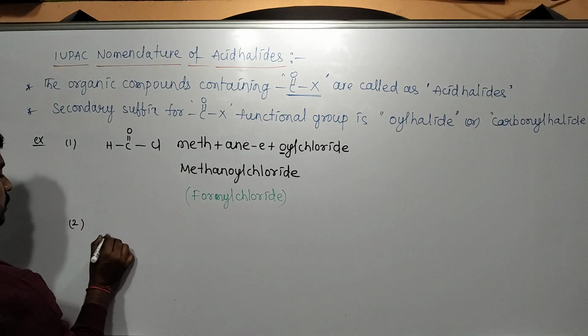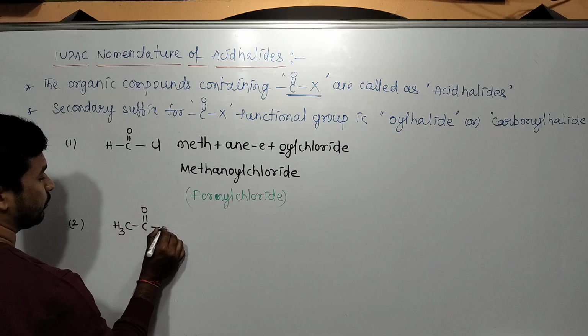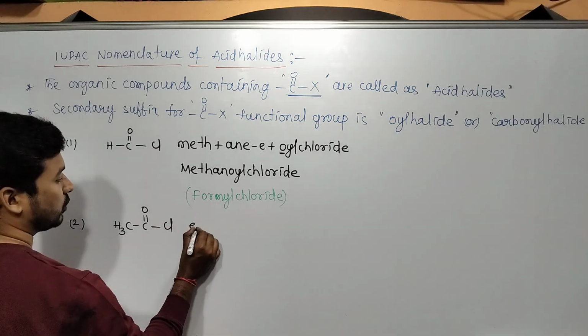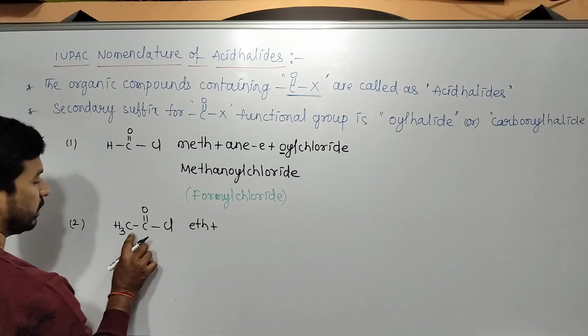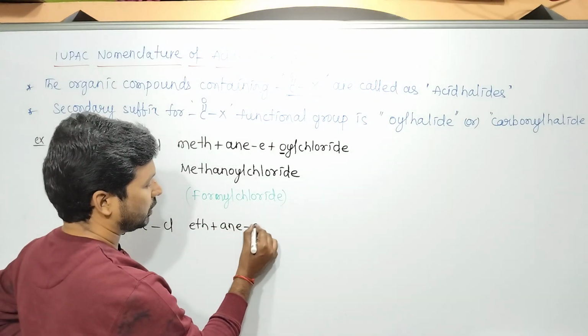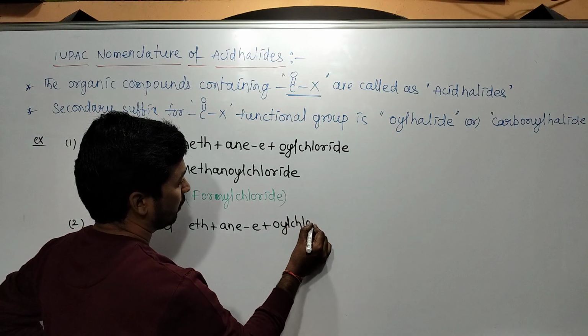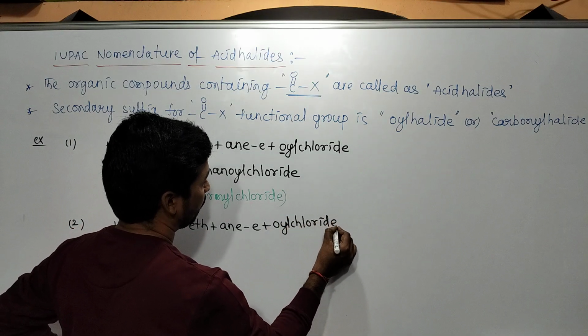If 2 carbon atoms are there, CH3COCl. 2 carbon atoms, so the root word eth. Between those 2 carbon atoms, single bond. So ane, remove E, add oyl chloride. Ethanoyl chloride.